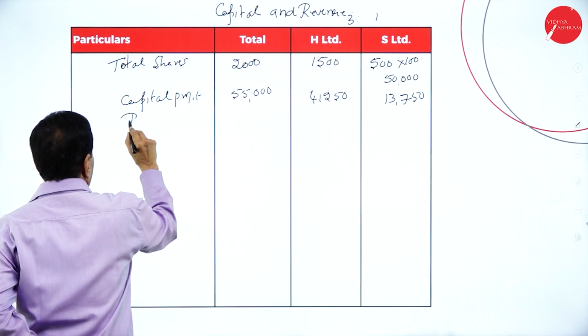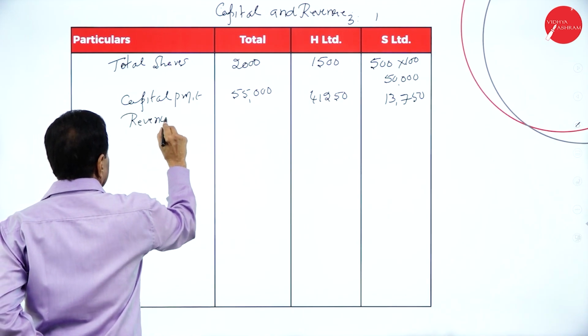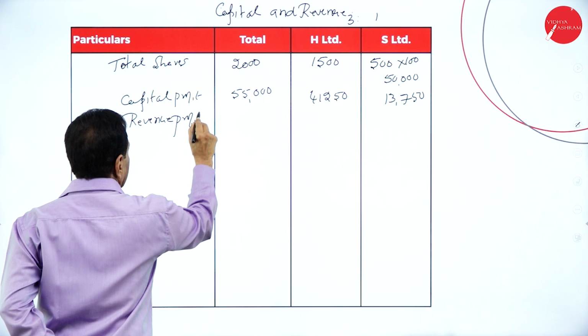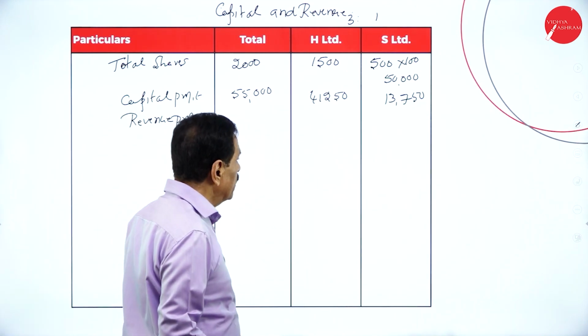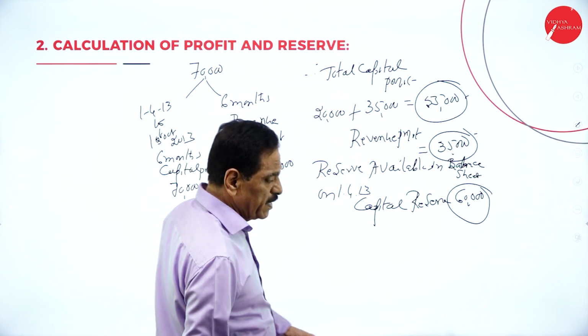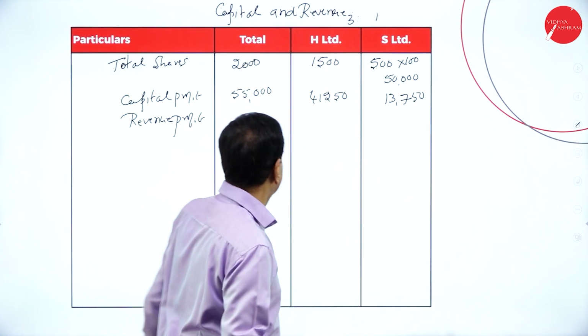Then revenue profit. What's your revenue profit? Your revenue profit is 35,000.